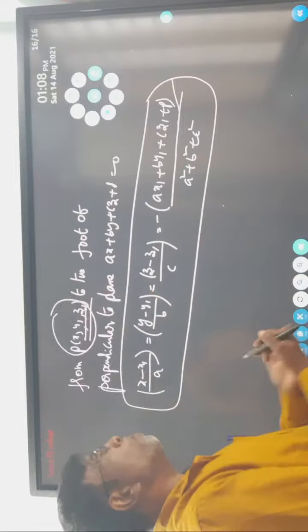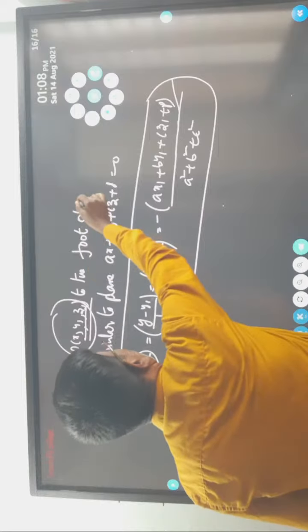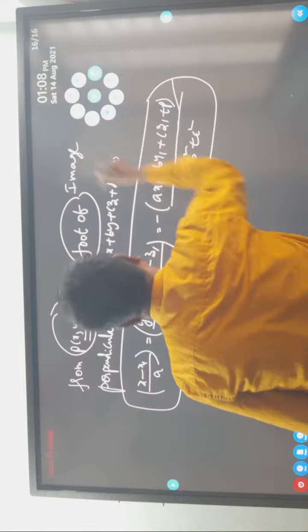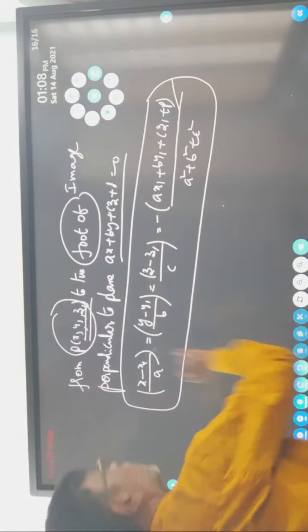If you want the image concept, suppose from the point P(x1, y1, z1) we take the image with respect to the plane.